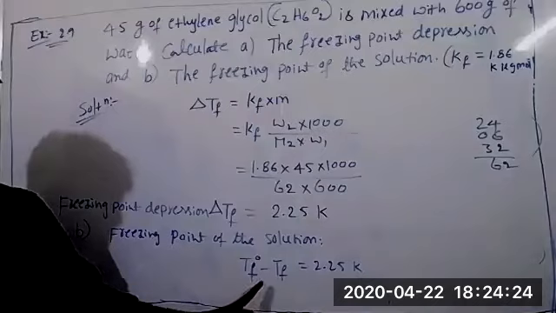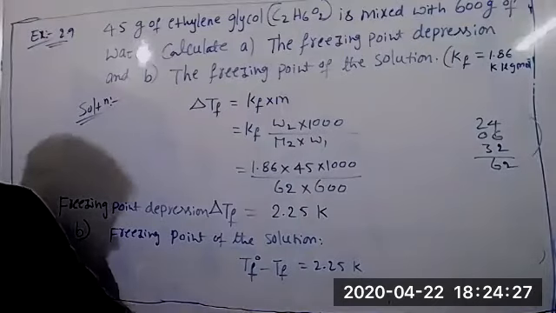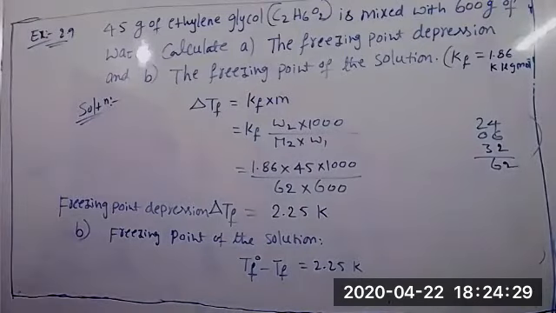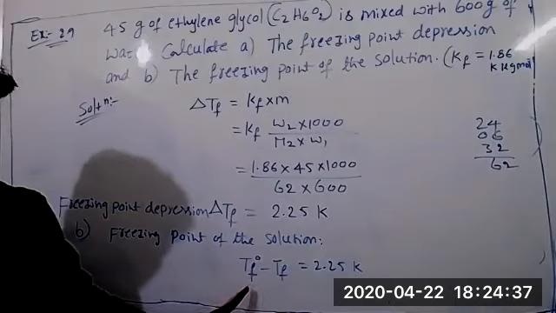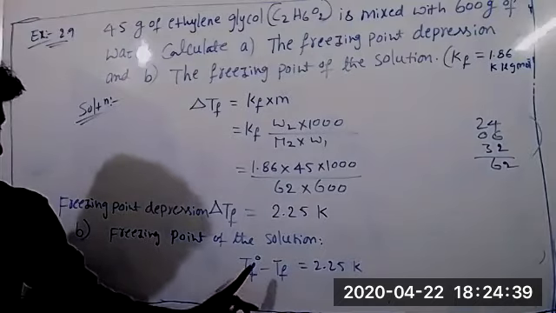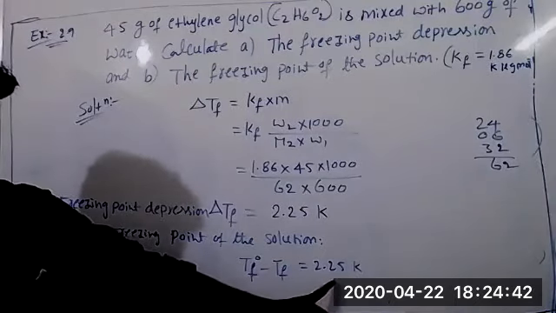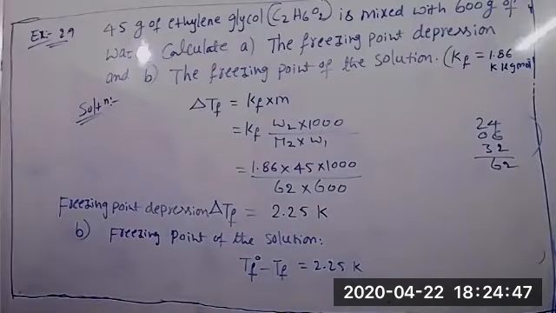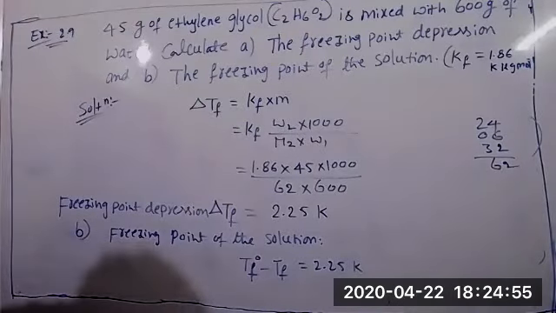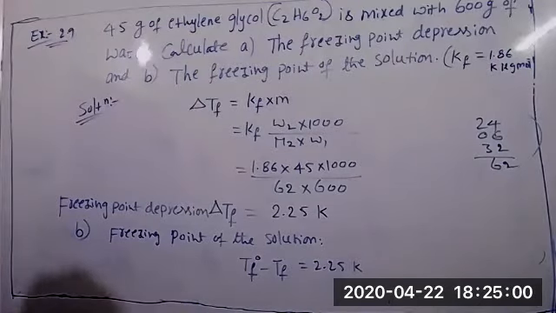Tf0, water freezing, in Kelvin, is 273.15 Kelvin. Then 273.15 minus Tf is 2.25 Kelvin. Then calculate the Tf value. 270.9. Okay, correct.